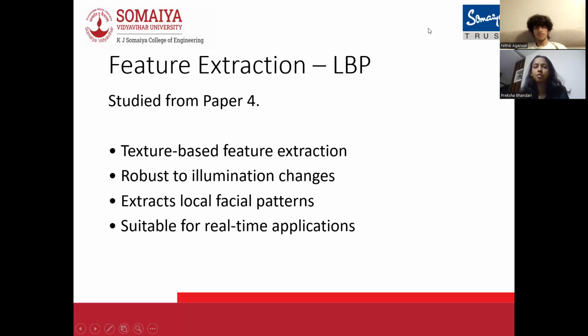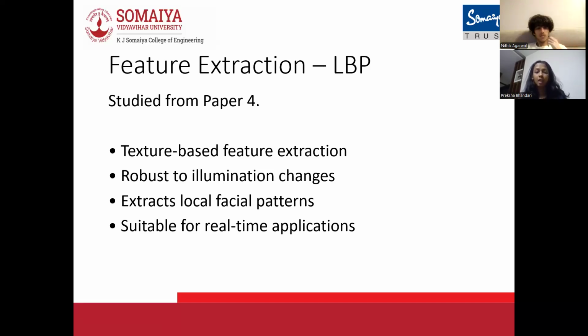LBP stands for local binary pattern. It is a texture-based feature extraction technique, as studied from paper 4. It compares each pixel with its neighboring pixels, generating a binary pattern, which creates a histogram of a local texture.